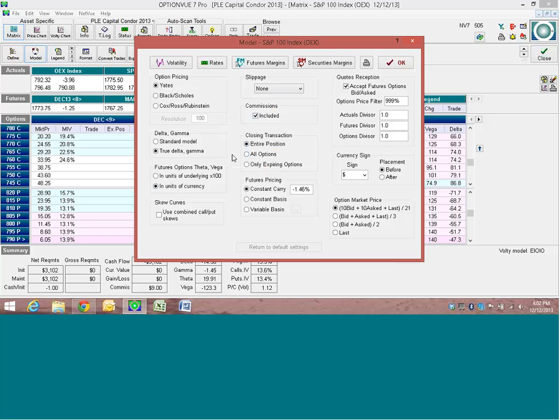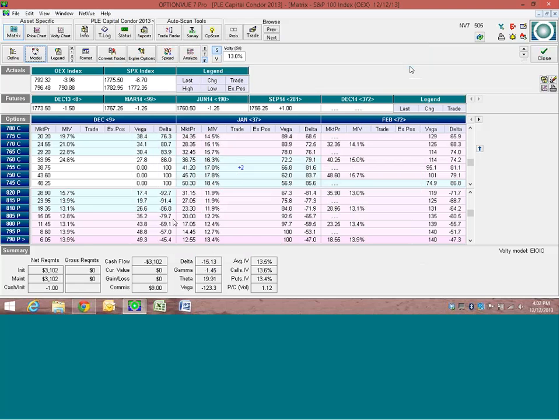Entire position, I guess, if you want to just dump the position out. All this kind of stuff I really don't worry too much about. This gives a better market in the option price. And I'm not going to get too much into these other buttons. I don't really even ever go there. The rates are set automatically, interest rates, especially in this environment. So they're pretty low.